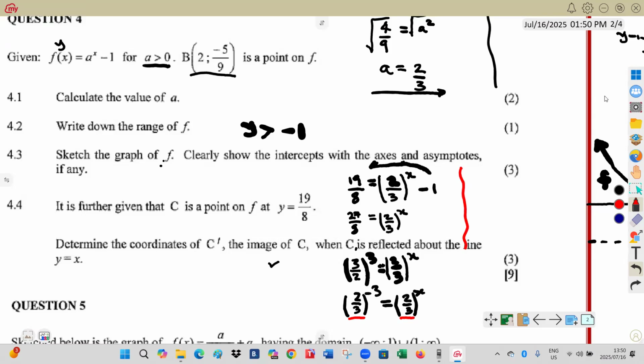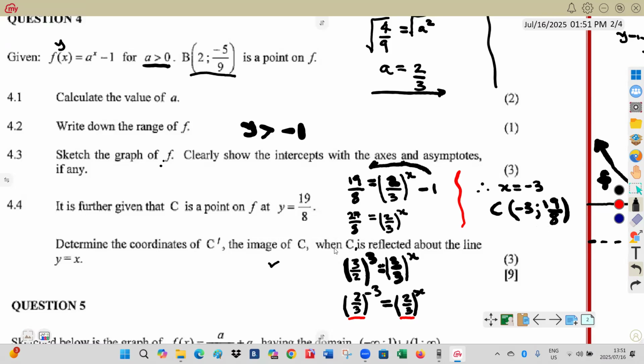So from there, we can conclude that x is equal to negative 3. Then we can write the coordinates of C. The coordinates of C can be written as negative 3, 19 over 8.